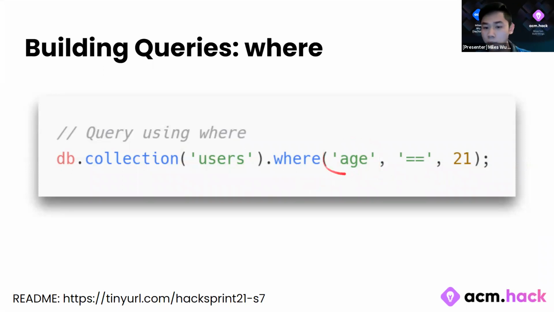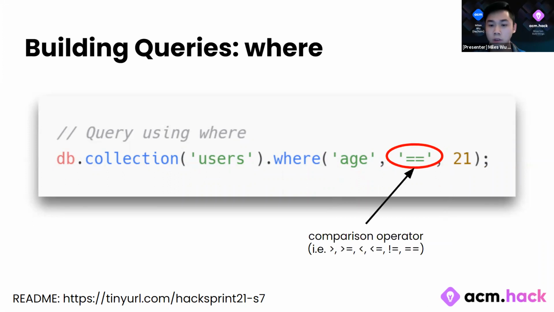And so these can be changed out with any other type of value. The age can be changed out with any key or field in our documents. The value can be changed out with any value you would like to compare the field to. And then the comparison operator here, there's a whole load of comparison operators you can use, but just make sure they're all in these little quotes.